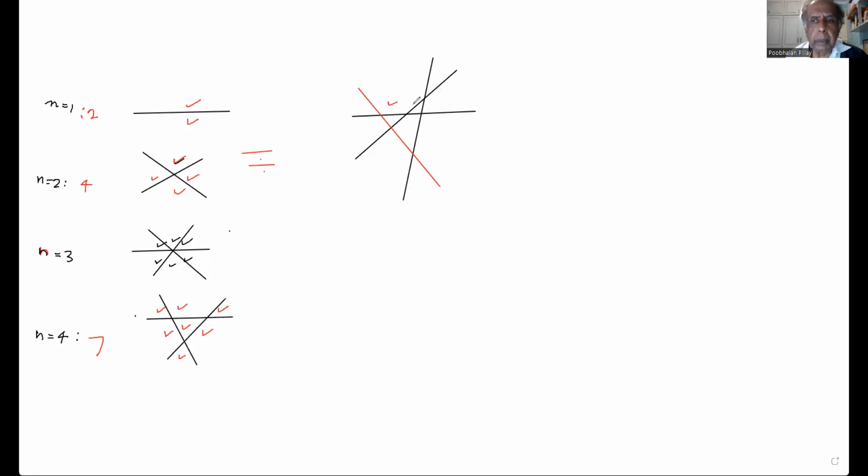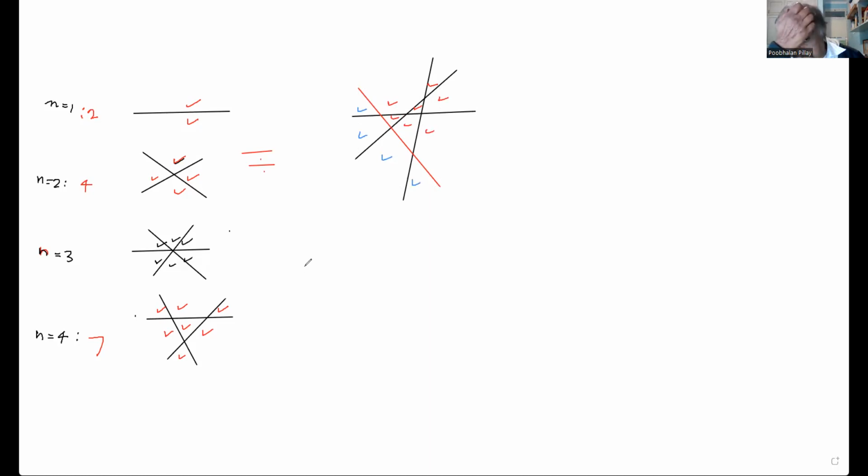They are 1, 2, 3, 4, 5, 6, 7. So on one side of the line, you got 7 regions. But because you got 3 lines, you got 4 new regions. 1, 2, 3, 4. See?